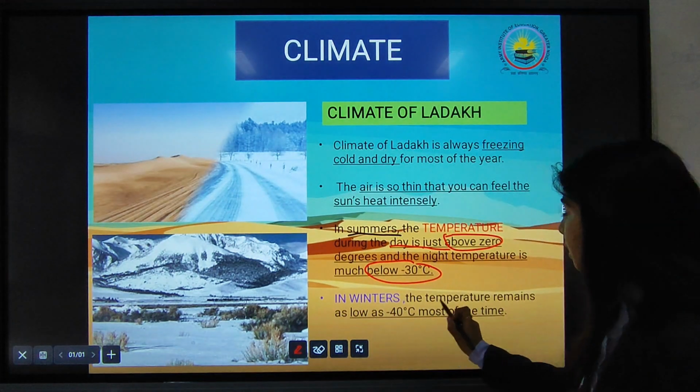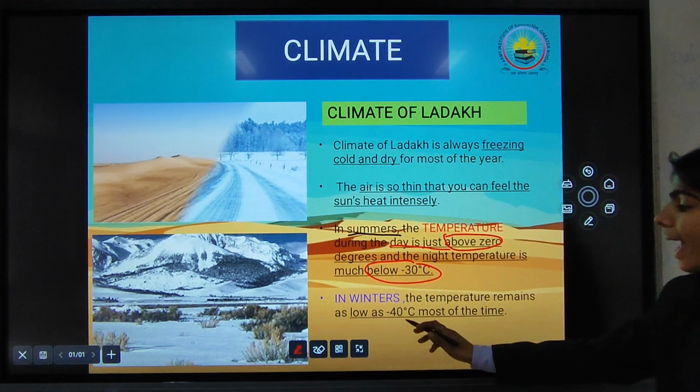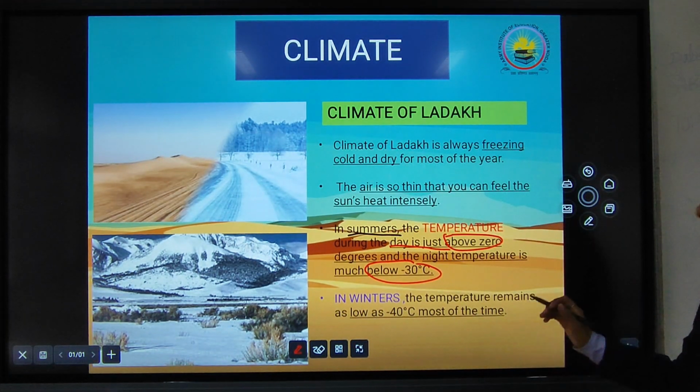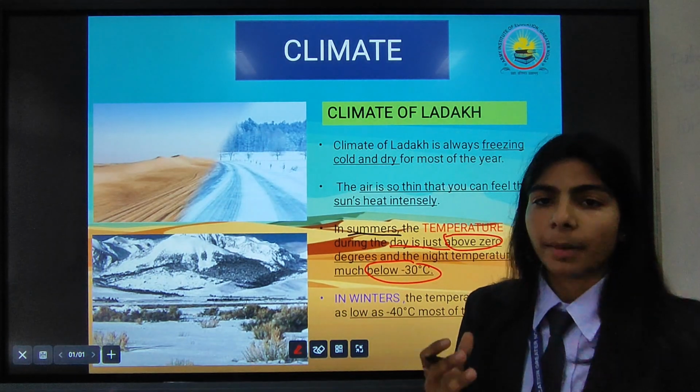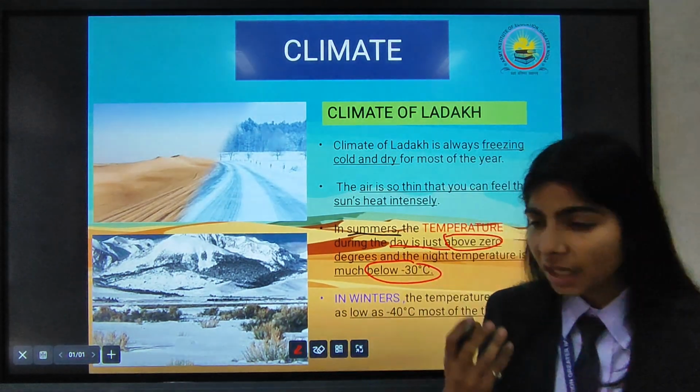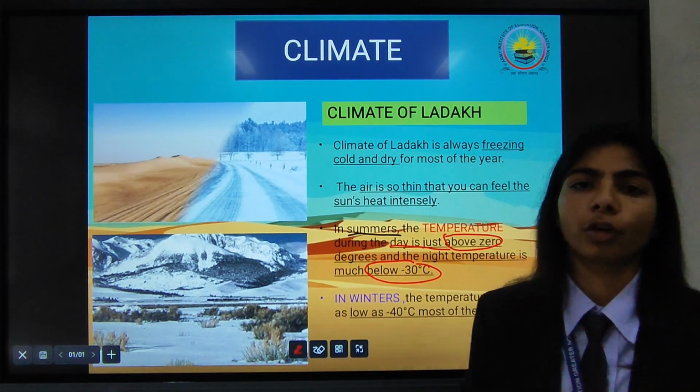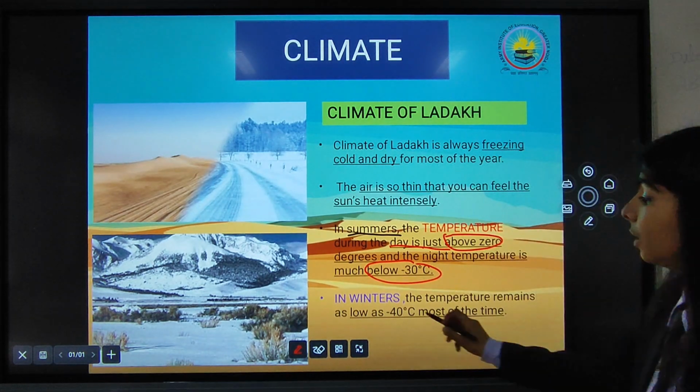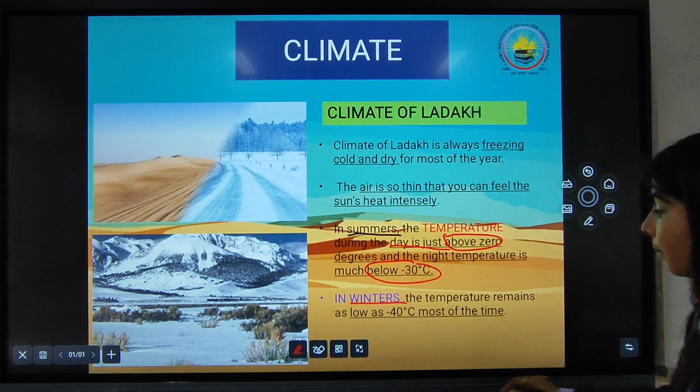And in the winters the temperature remains as low as minus 40 degrees most of the time. In winter the temperature of Ladakh remains below minus 40 degrees most of the time.